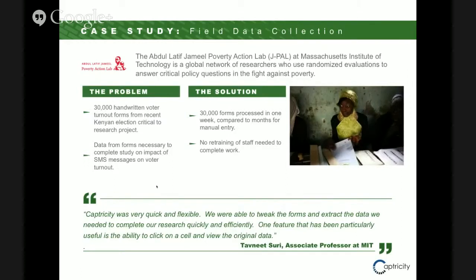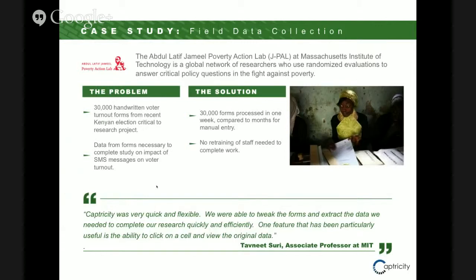For quite a few development organizations, including JPAL here, the Poverty Action Lab based in MIT, we do a lot of survey work. In this particular case, 30,000 handwritten voter surveys from the recent presidential election were digitized.